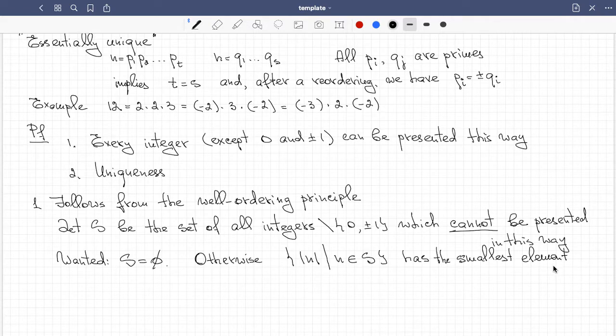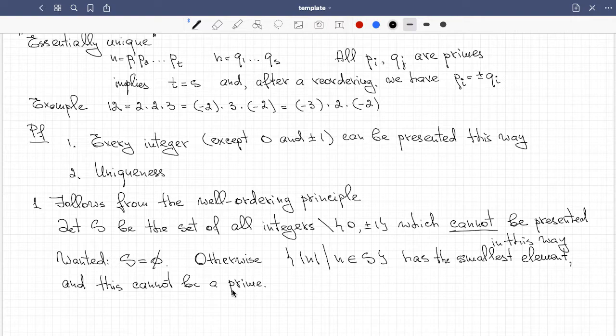This element cannot be a prime, because otherwise just one prime is already presented as a product of primes.